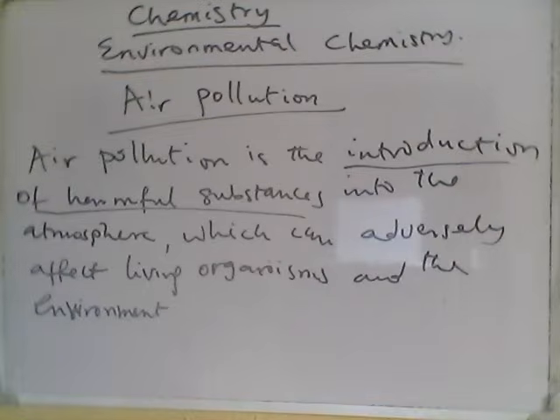You know, burning is a chemical process that can liberate some gases, and these gases are introduced into the air and also affect the atmosphere, which can adversely affect the things living on the earth.